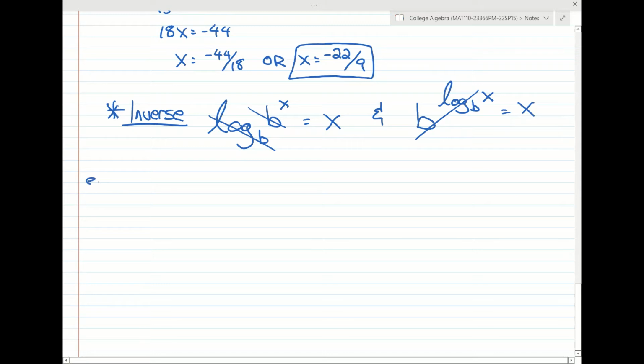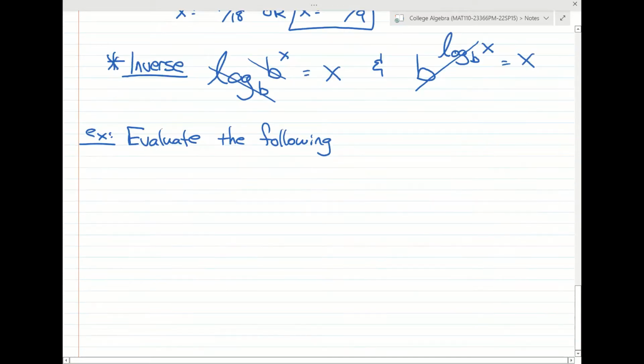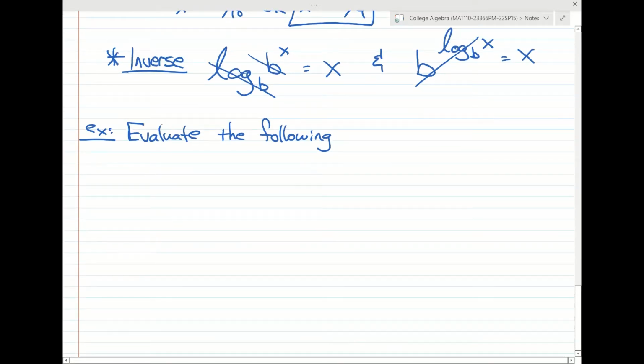So the directions are just going to be to evaluate. So first one is just log base 12 of 144.